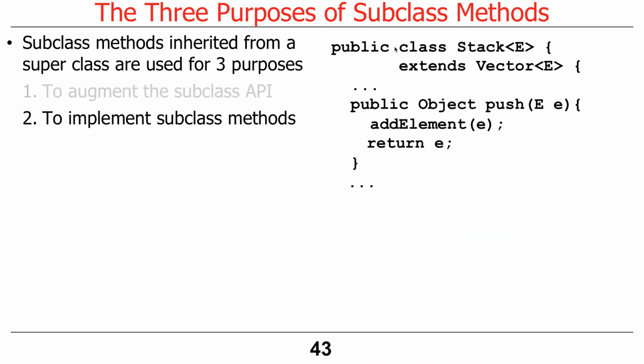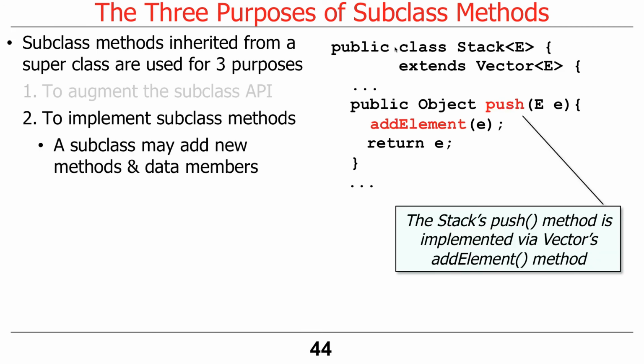Another thing you can do is use the inherited method to implement the subclass method. So here's an example. We have push, right? Push is a Stack method. You don't see push in a Vector. But when push is implemented, it uses the Vector's addElement method in order to do its thing.